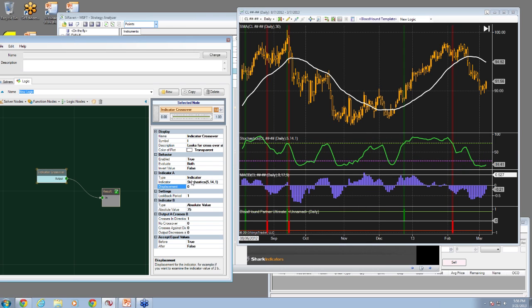So I'll put the indicator up here and put the absolute value of the threshold down here. And you can see that anytime this indicator is breaking above the 75, we get a little green stripe. And anytime we're breaking below, we get this red stripe.